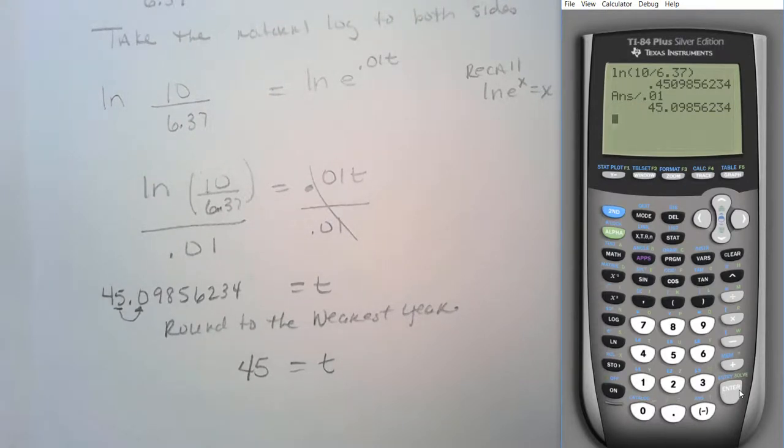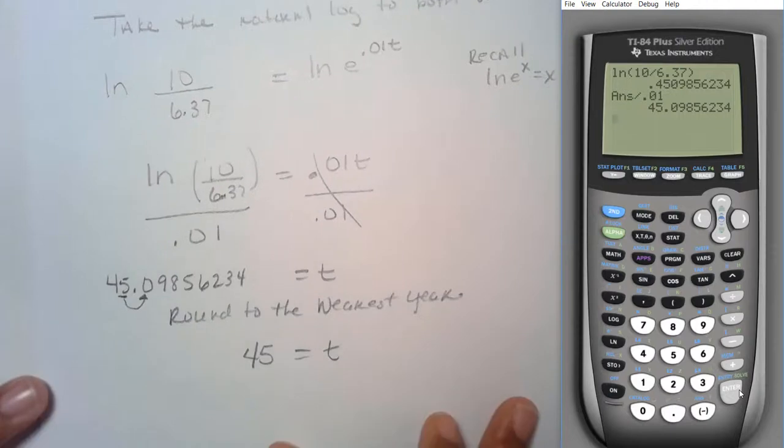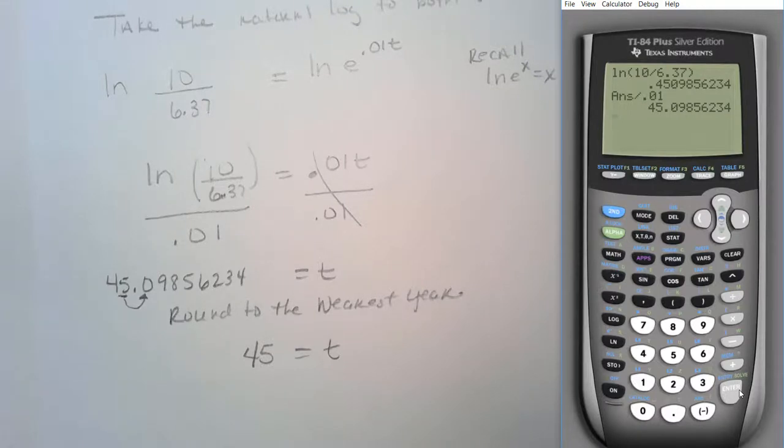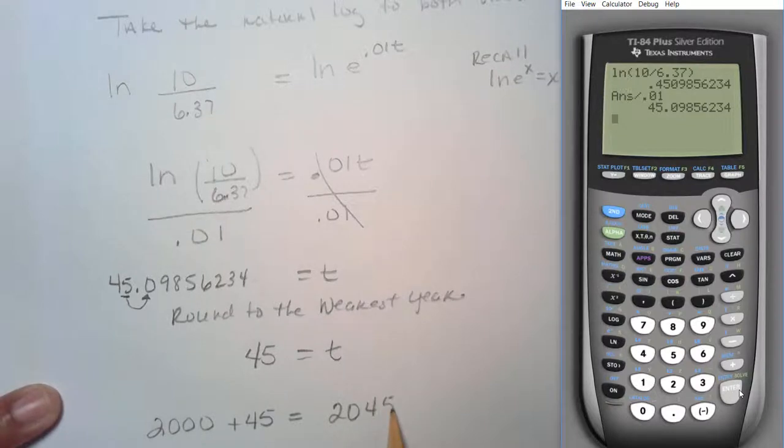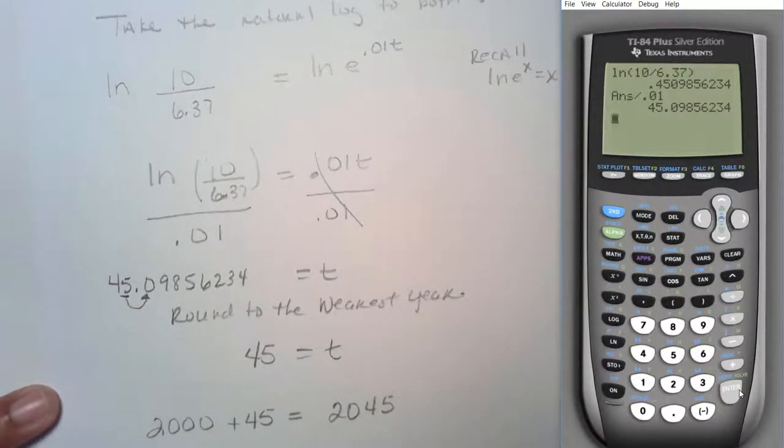But the question is asking us by which year will the population be 10 million? So we know that the population of the country, as we look at this model, it was in 2000. So we're going to add 45 to 2000, and the population in 2045 will be 10 million.